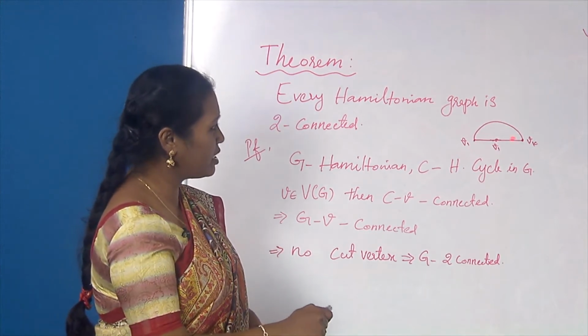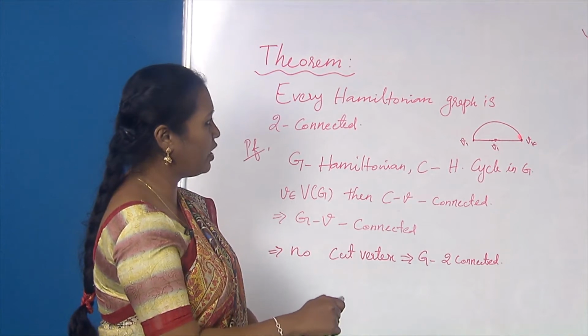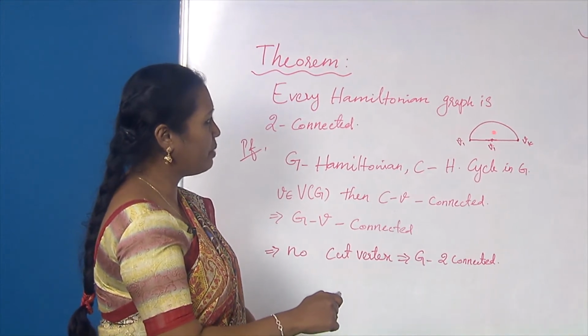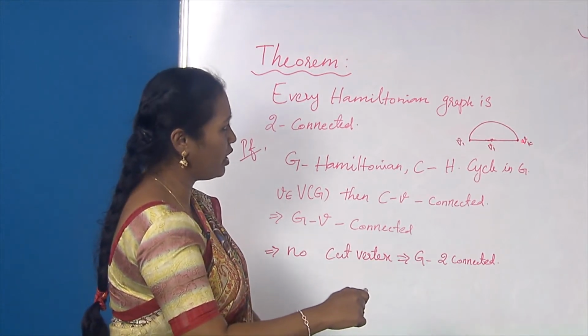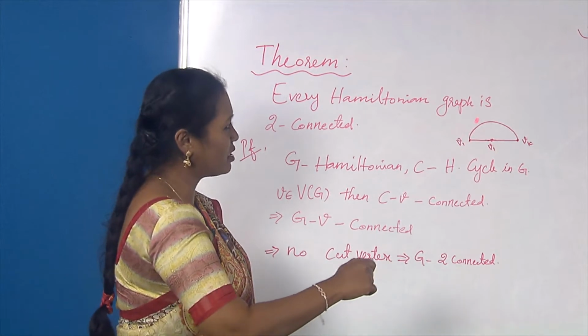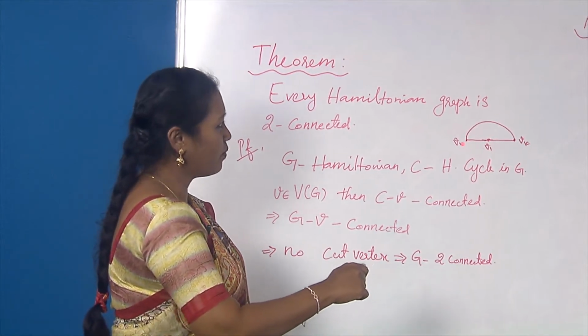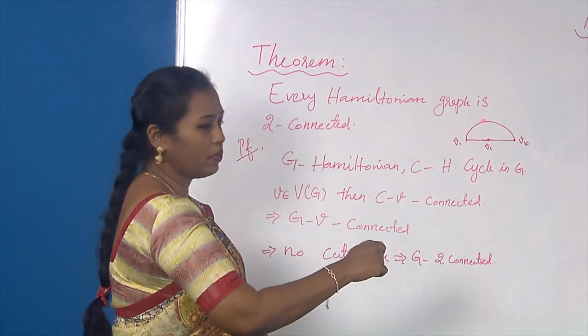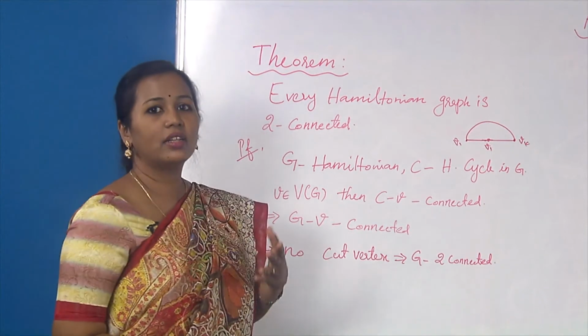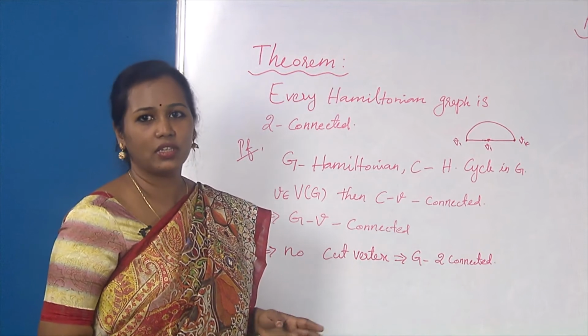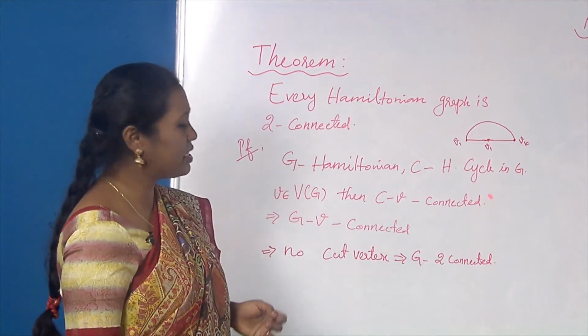Because if you look at this picture and imagine that V1 to Vk is a cycle and Vi is any one vertex here. Suppose you are removing this vertex Vi, still you have another path from V1 to Vk. A cycle is somewhat like this, it is a closed path, isn't it? So from V1 to Vk it goes back to V1. So in a closed path, if you remove one vertex, the connectivity is not disturbed. Therefore, C minus V is still connected.